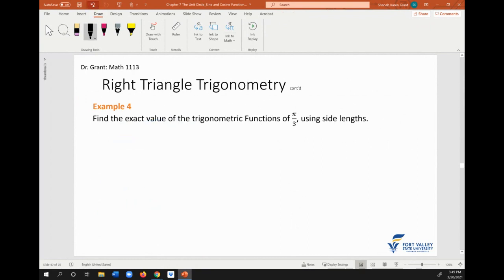I'll just redraw the triangle. So this is going to be pi over 3, and this is pi over 6. And so then my sides will have a relationship of S, root 3 times S, and 2S.